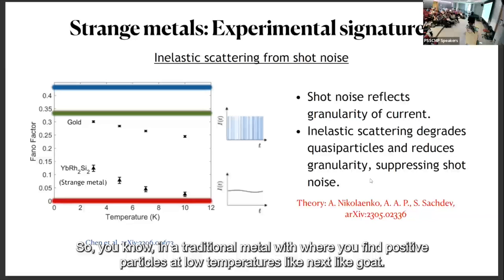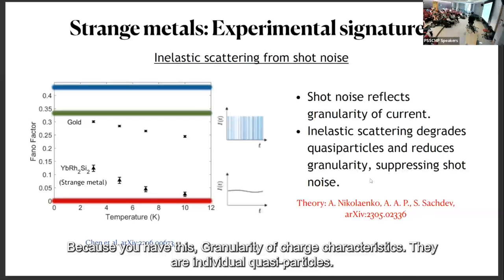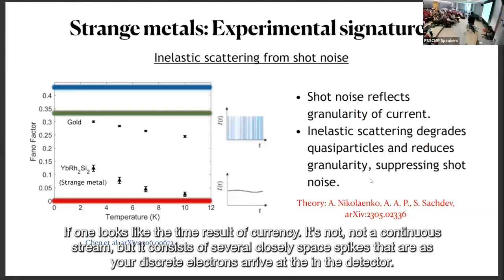So in a traditional metal with well-defined quasiparticles at low temperatures, like say gold, you have this discrete granularity of the charge carriers; they are individual quasiparticles. If one looks at the time-resolved current signal, it's not a continuous stream, but consists of several closely spaced spikes as your discrete electrons arrive at the detector.